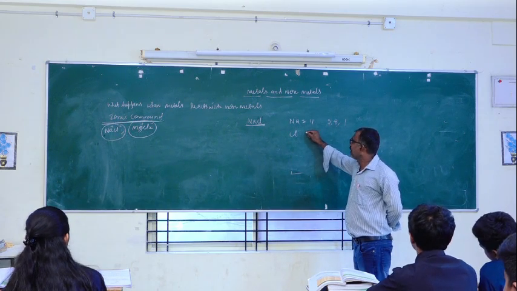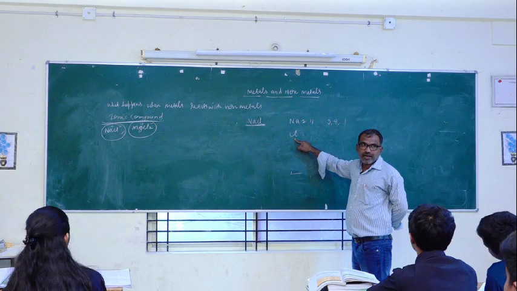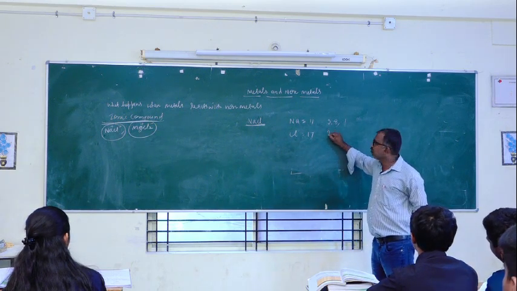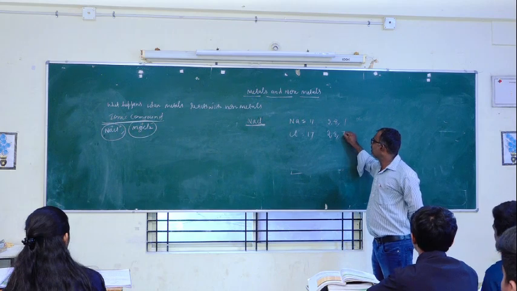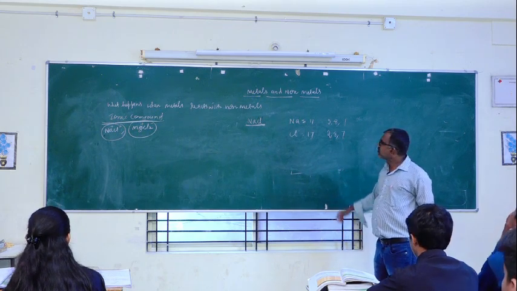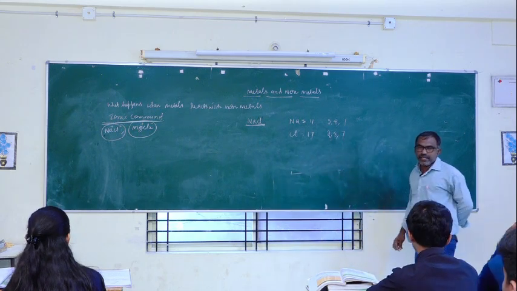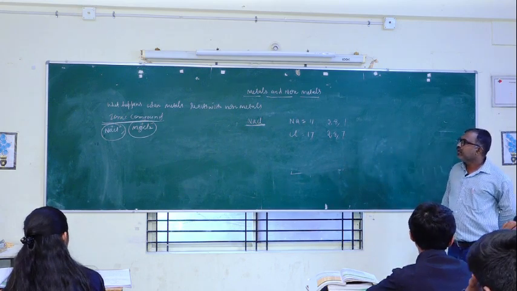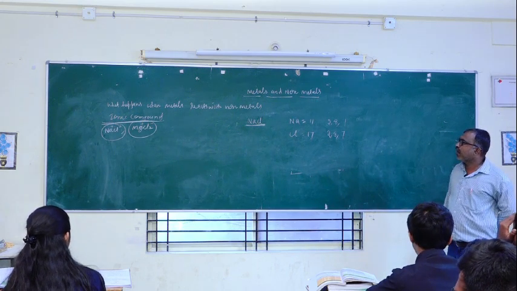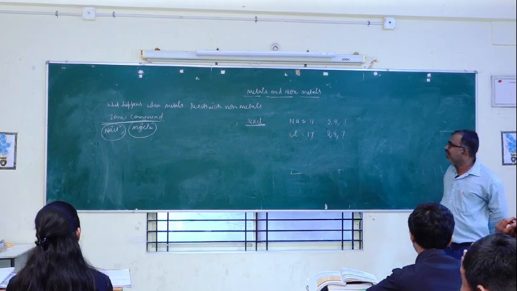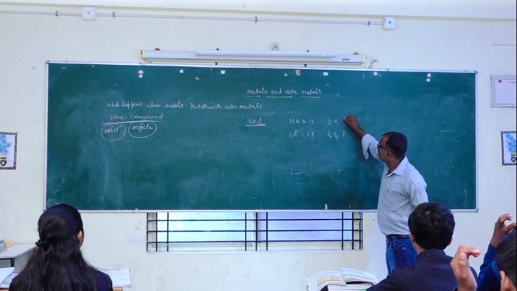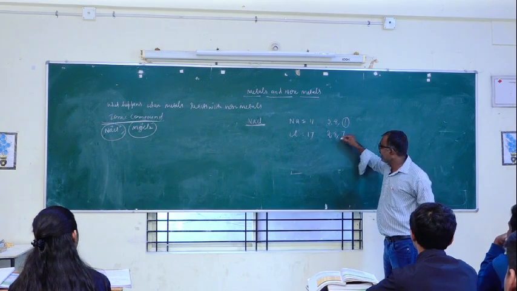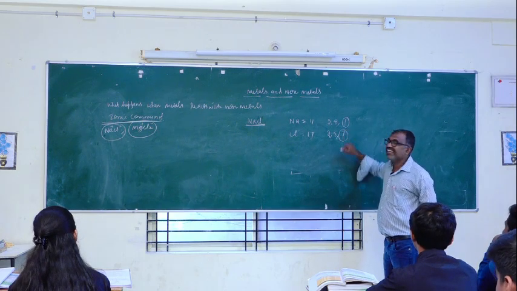Chlorine's atomic number is 17, so it is 2, 8, 7. In the outermost shell of sodium only one electron is present, and in Cl there are 7 electrons.